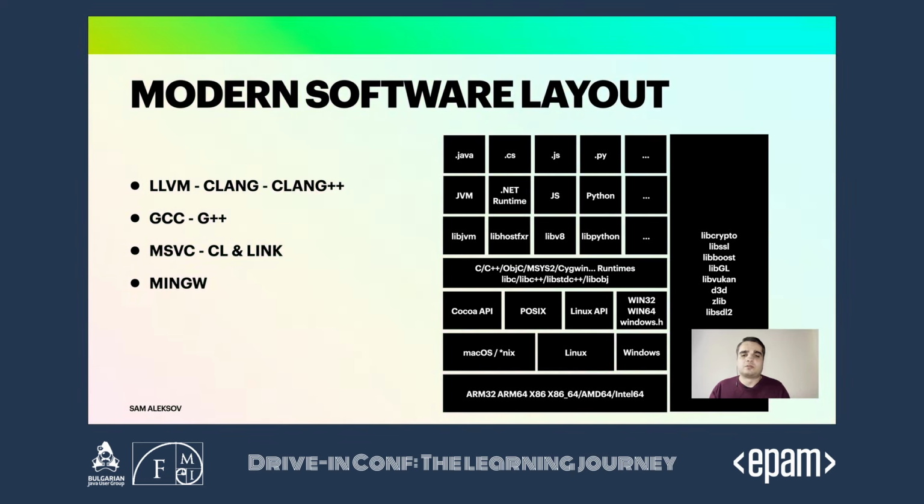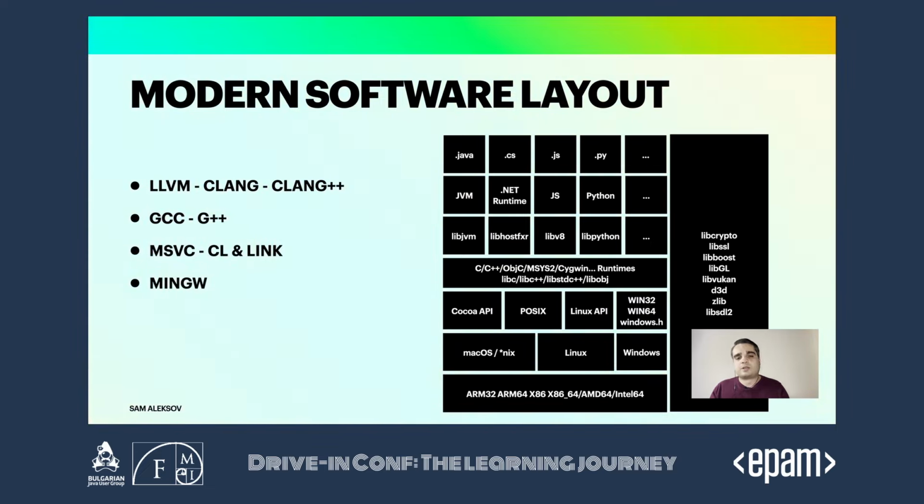These words are kind of used interchangeably depending on flags during compile time, depending on which kind of architecture you're programming for. On top of those, we generally have some kind of libc or some kind of C or C++ API, Objective-C runtimes, MSYS2 if you're running POSIX software on Windows.